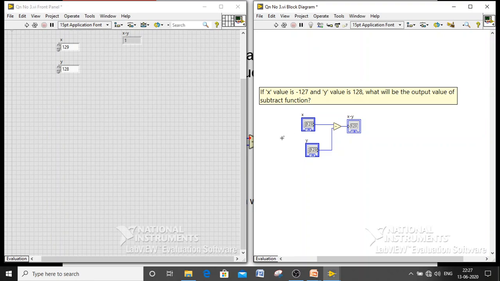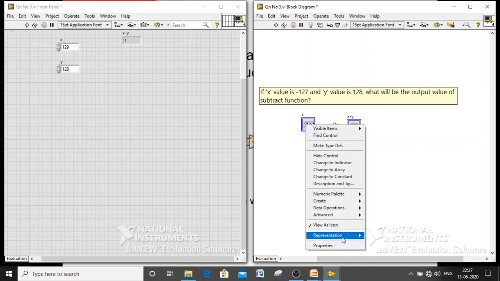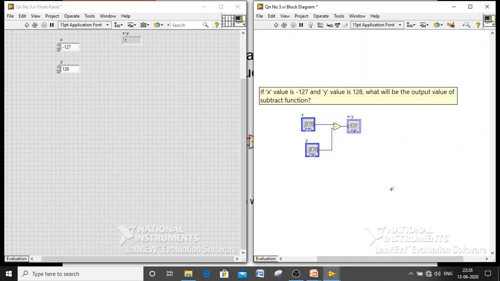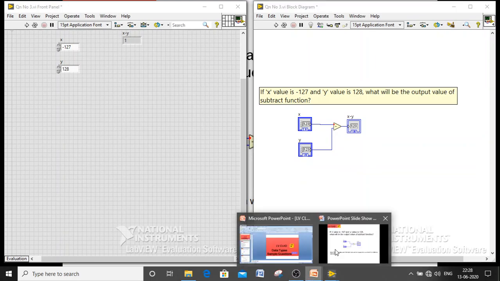That's why we get an unexpected result, that is 1. When you have different data type representations, we could not get the expected result. If you want to become a good developer, always try to use similar data type components. Okay, let us move on to the next one.